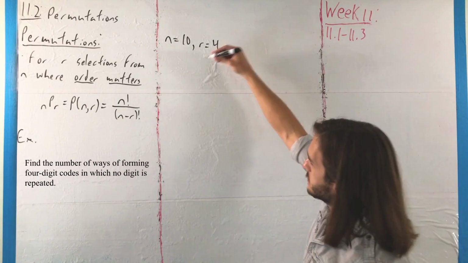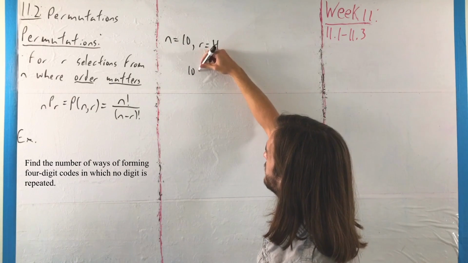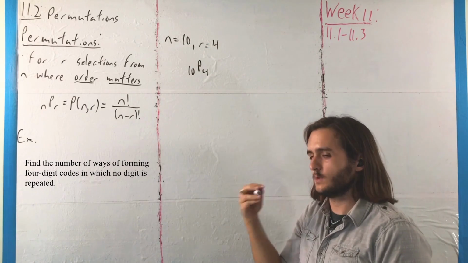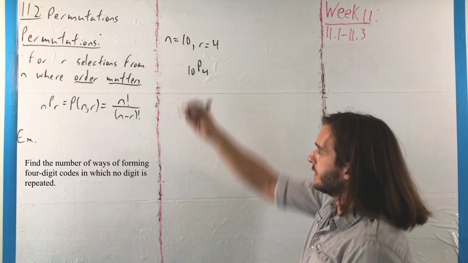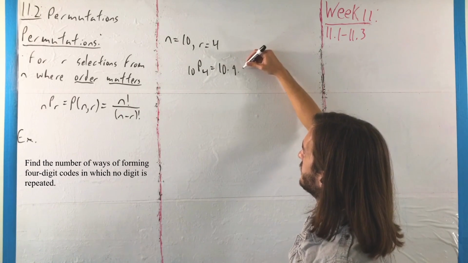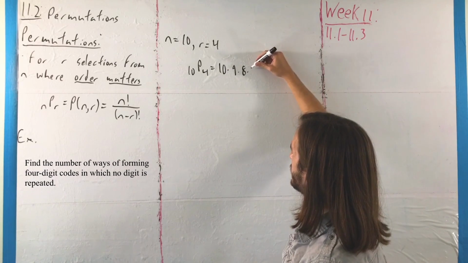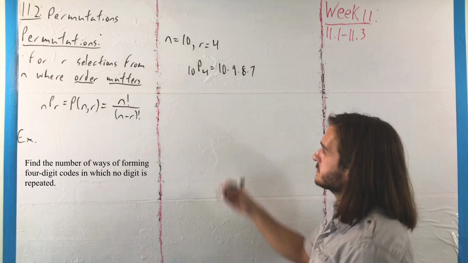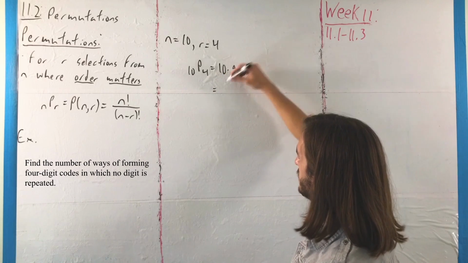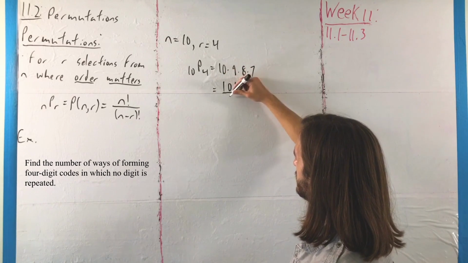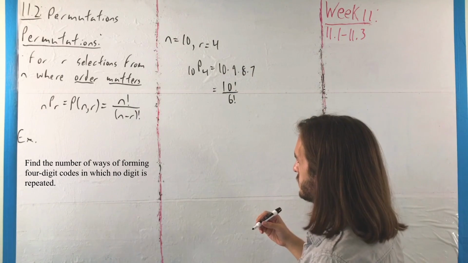For this, we have 10 permute 4, and I'm going to go through this formula backwards once just so we can see that it makes sense that way. If we don't have repeats, we have 10 options for the first, 9 for the second, 8 for the third, and 7 for the fourth, which we can write in terms of factorials as 10 factorial over 6 factorial.